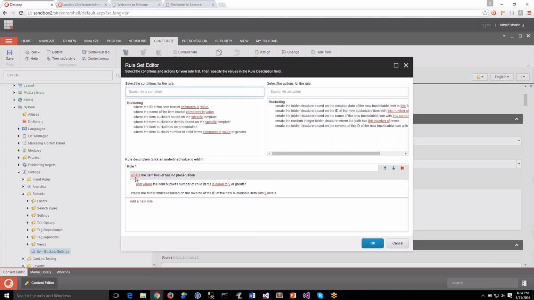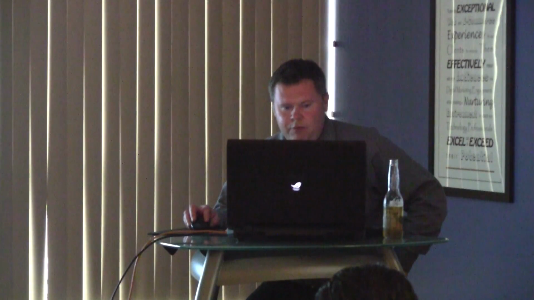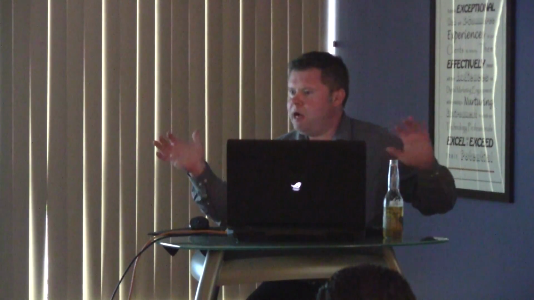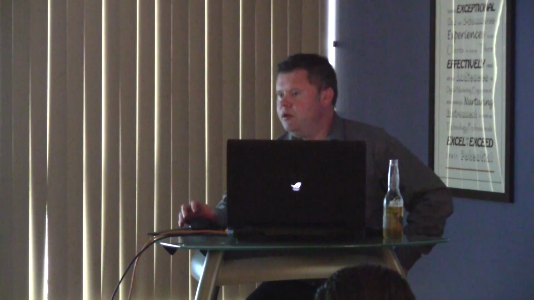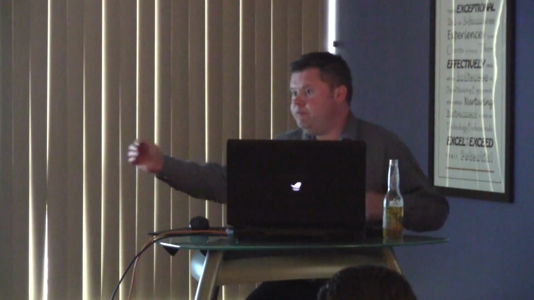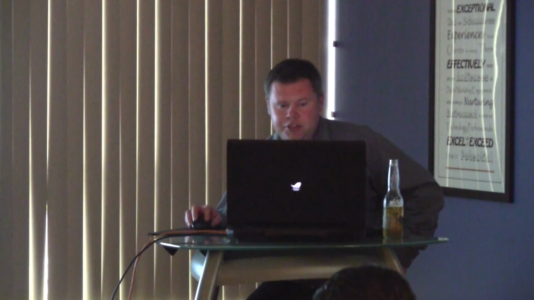I don't know if you guys can see this, but I'm going to go into it. I want it where the item bucket has no presentation. I made this random, it's probably not even applicable, this particular rule. But what I'm showing is you can create rules, actions, conditions.